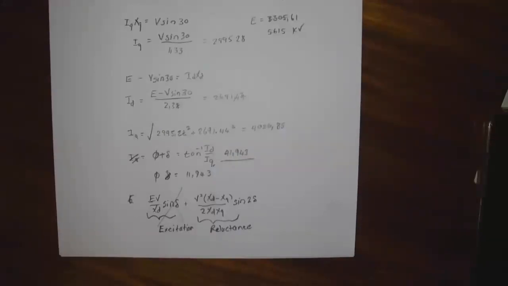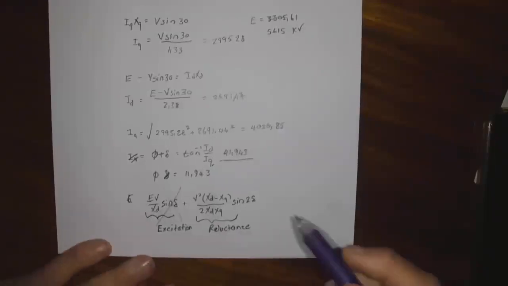The problem I had is when I calculate the power factor. You need the power factor. The question says determine the value of this power, the armature current, and the power factor for this condition.